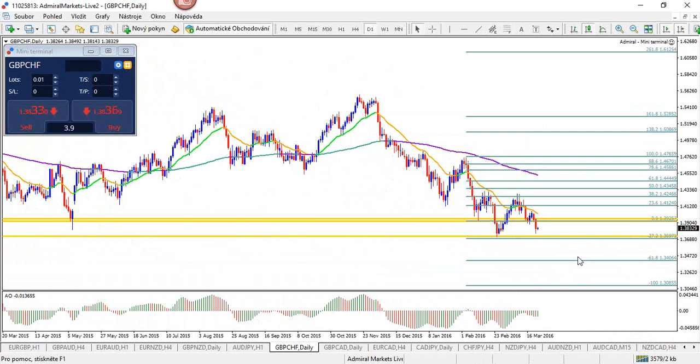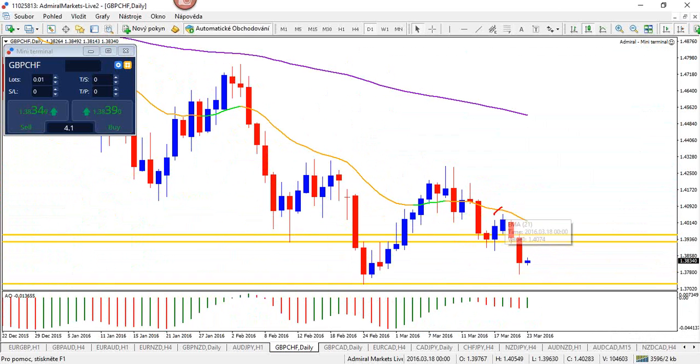Great, that would be some profit. I don't know if it's crowding the trade too much. You might also want to go above this fractal here. That could be another way to give it a bit more space. I don't think it's a bad spot though.